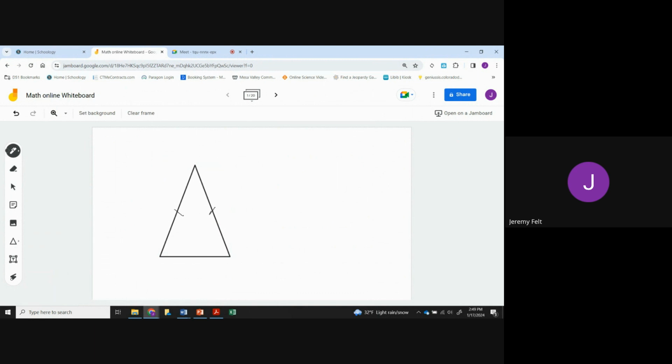So we could classify this by its sides, two sides that are the same. So isosceles, but then we look at these angles and they're all obviously less than 90 degrees or acute. So this would be an acute isosceles triangle. Okay, so we can classify it by the sides and the angles. So it may fall under multiple categories when we're doing that.